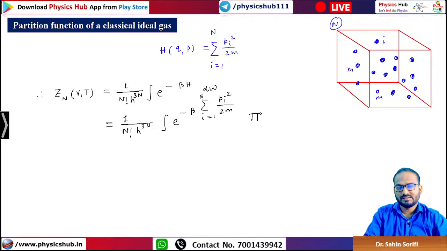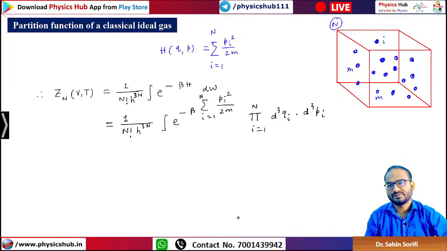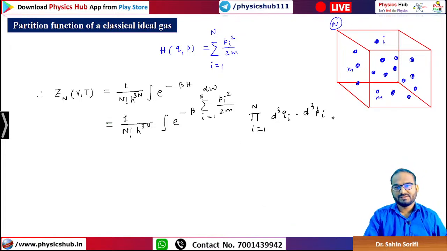So it is written as the product over i equals 1 to n of d3qi into d3pi. In phase space, you know, p versus q, momentum versus coordinate, is represented. That is why the phase volume is the product of d3qi and d3pi.